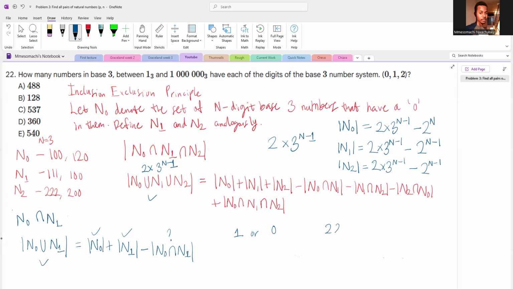That's the digit like 22222. So when we remove the only digit that does not have a 1 or a 0, there's only one possible digit, like 222 in n places. So there's only one digit like that.